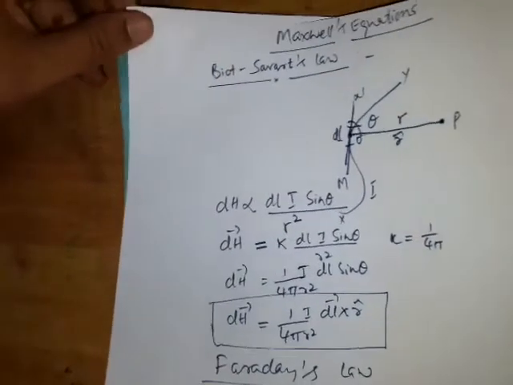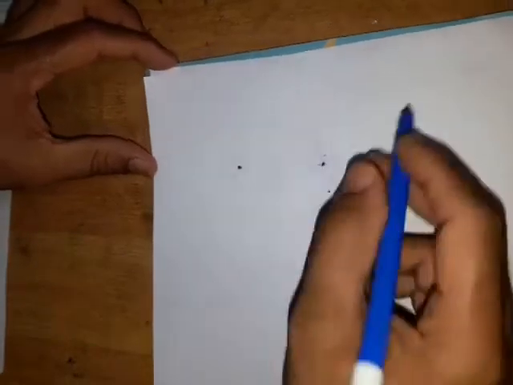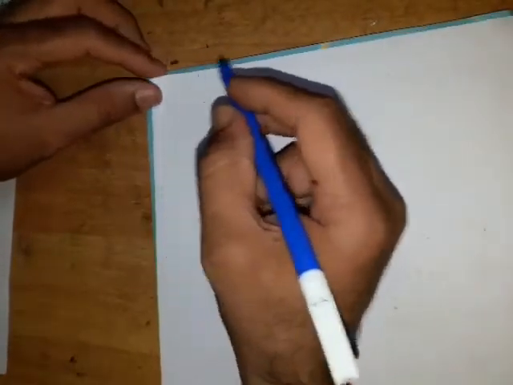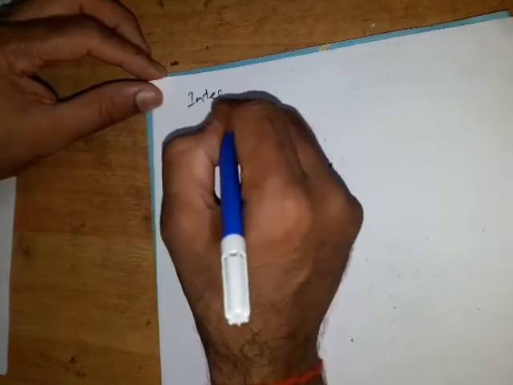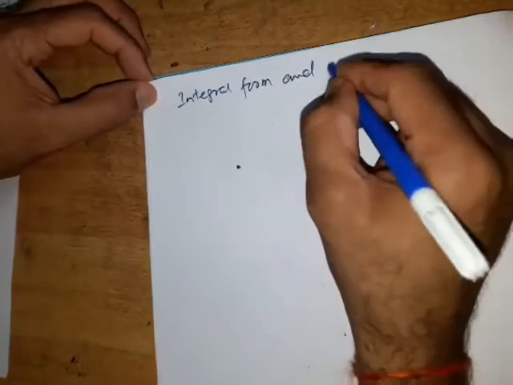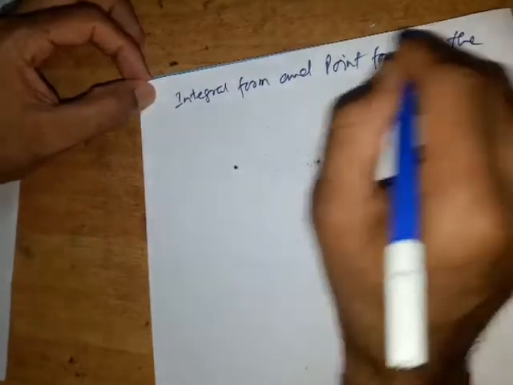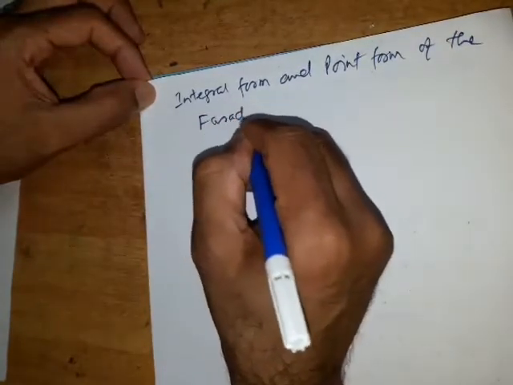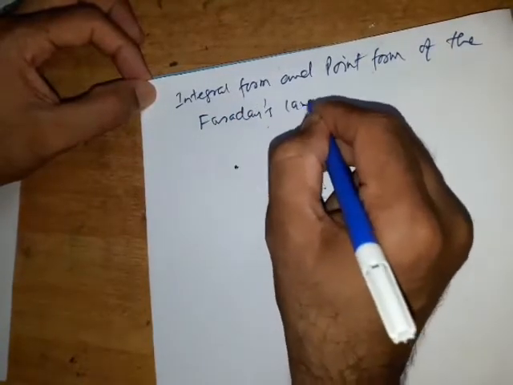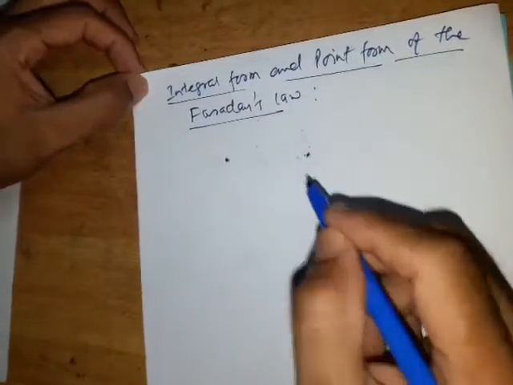Let us see Faraday's law in the integral form as well as in the point form. So let's write Faraday's law, integral form and the point form. This is something like a derivation.